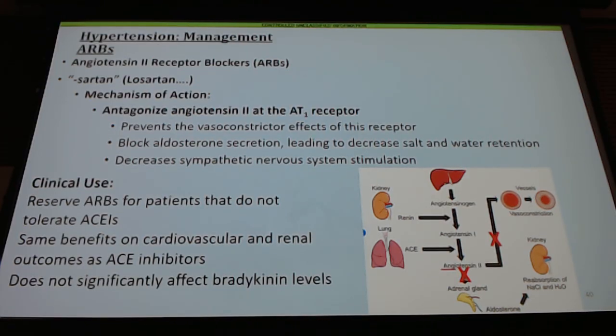But then you also block the impacts of angiotensin 2 on the adrenal gland, so you're not getting that secretion of aldosterone that triggers that reabsorption of water and sodium in your kidney. So it works just one step down, has the same impacts on your blood pressure control, but it doesn't impact the levels of bradykinin. So patients who are put on an ARB do not typically deal with cough as a side effect.